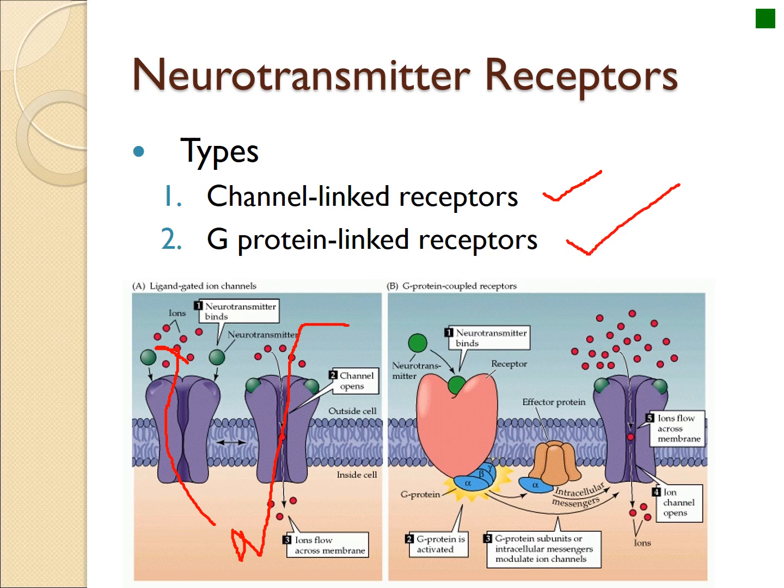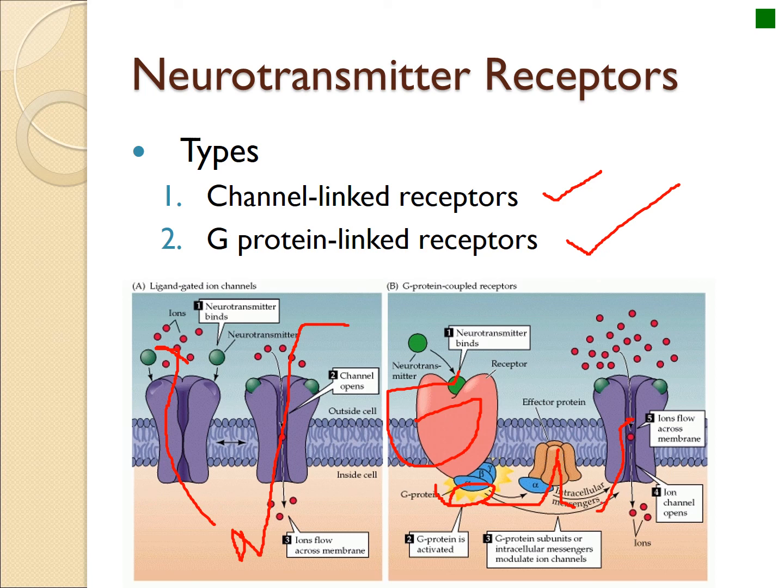There are also G-linked ones, which means a neurotransmitter attaches to a protein that then attaches to another protein that then sends a signal, due to changes that protein does, to a channel. This is called indirect.